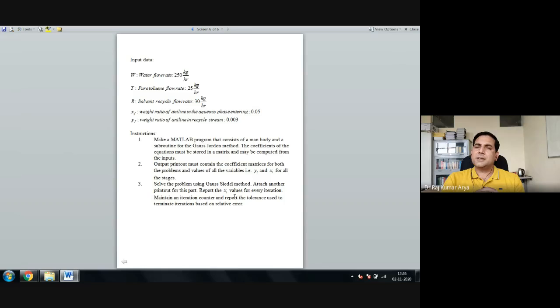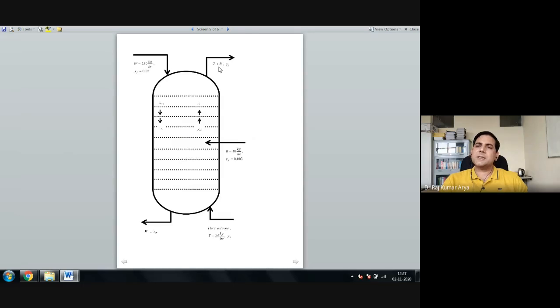Another type of problem could be there, where you change this problem. Let's say you have fixed your top composition somehow. Rest of the things you know. You may be asked to calculate the number of plates. So you can change your number of plates here. You can change the location of the feed, that is, at what place should I insert my feed so that I can get this desired value.